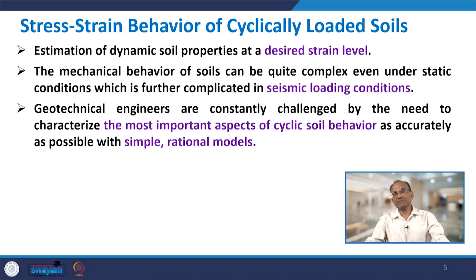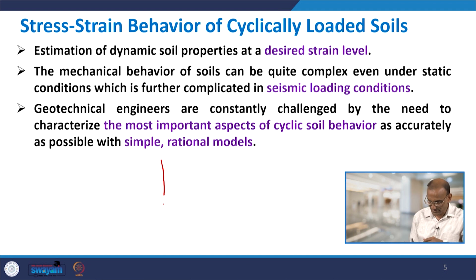You know that when we talk about stress-strain relationships, you may come across what we call Hooke's law, where stress is proportional to strain and they are linearly elastic. That is a simple thing. But for dynamic soil properties, the slope of the stress-strain curve is not constant like what you see in Hooke's law. In Hooke's law it is simple, you have stress versus strain.